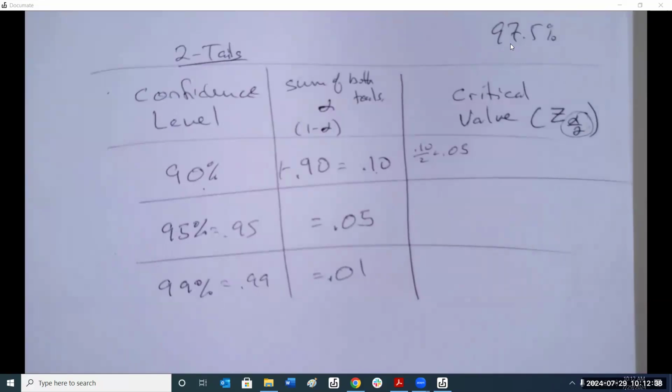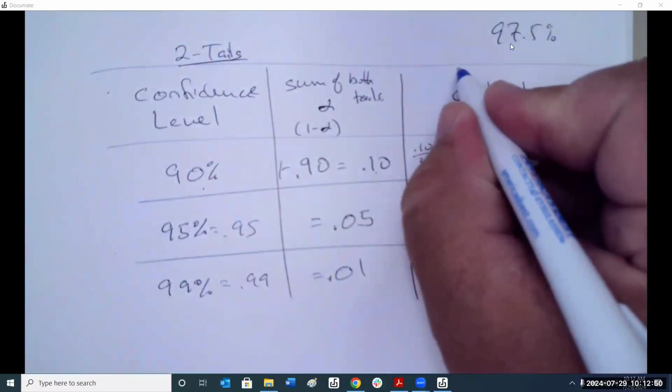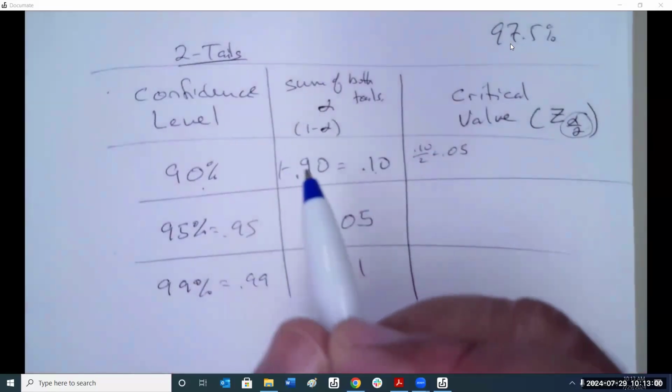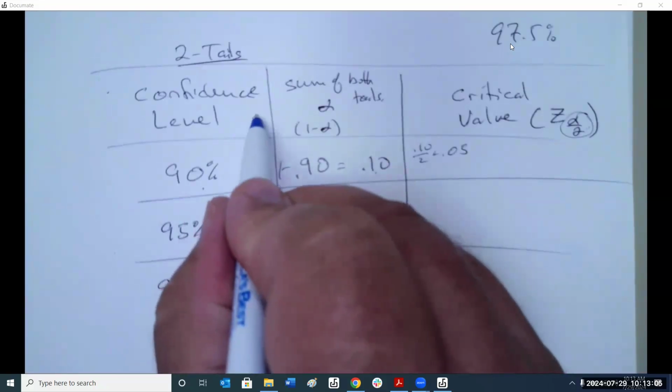Remember the formula to find our Z values? So, Professor, our confidence level is the N. What do you mean N? It's 1 minus alpha.